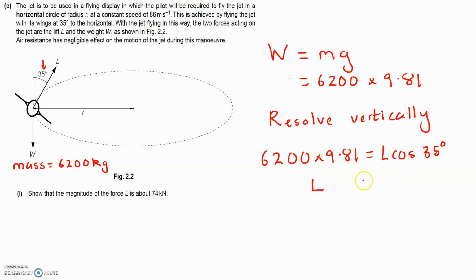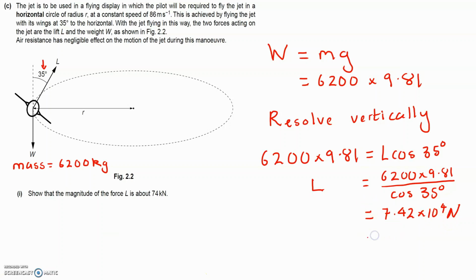So L will be equal to 6,200 times 9.81 divided by cosine 35 degrees. If you work that out on your calculator, it comes out as 7.42 times 10 to the 4 newtons, which is approximately 74 kilonewtons.